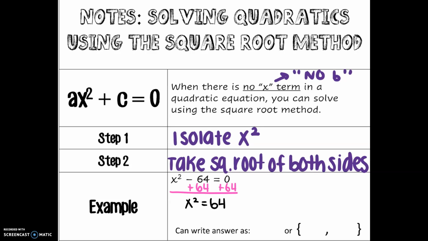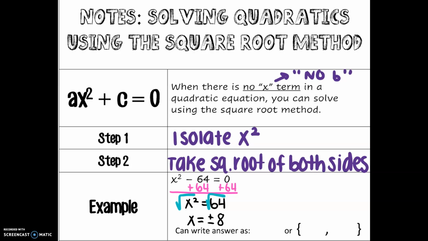Step 2 is to then take the square root of both sides to cancel out that x squared. Remember, when you take the square root of a perfect square, you are left with a positive root and a negative root. Remember, 64 is a perfect square, so you'll notice that x equals positive and negative 8.